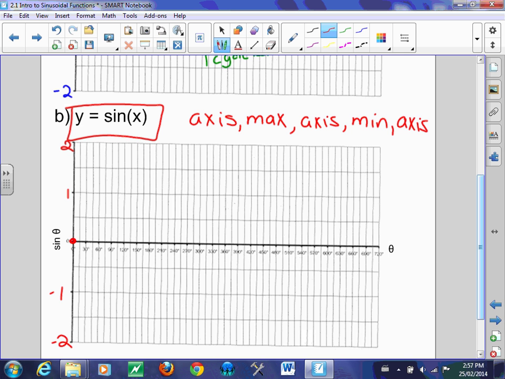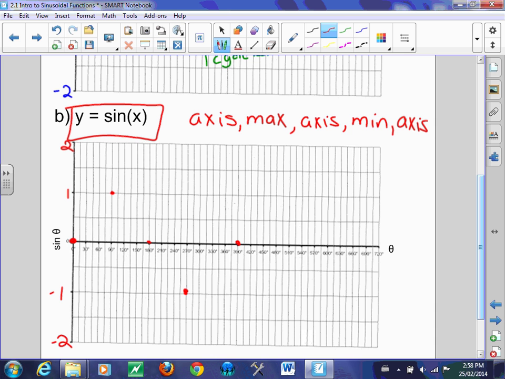We start at our axis, and at 360 degrees, we're going to be back at our axis. So what we need to do from there is at 90 degrees, we need to be at our max. At 180, we are back to our axis. And at 270, we are back at our min. Okay?